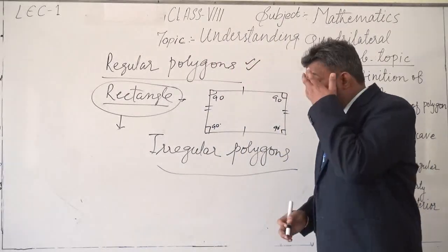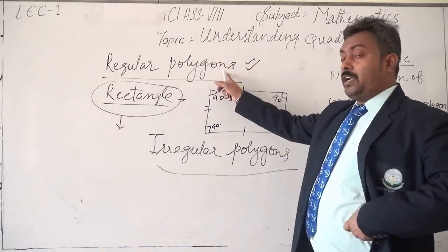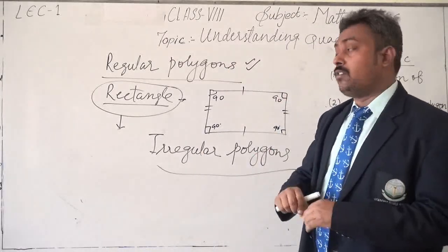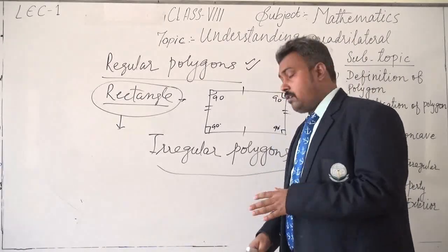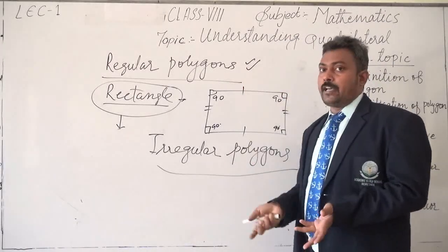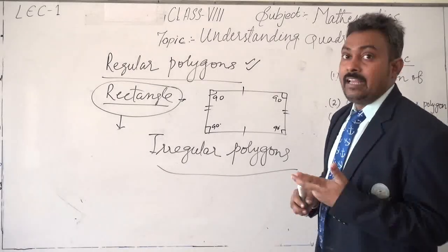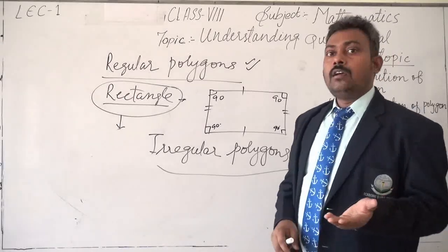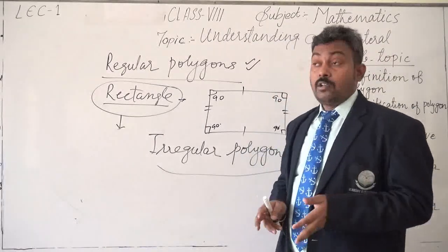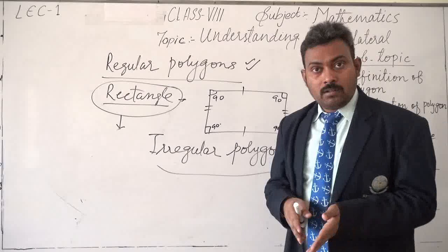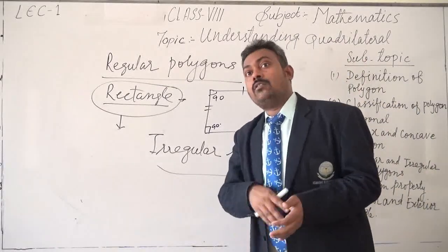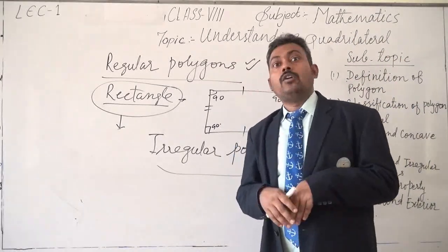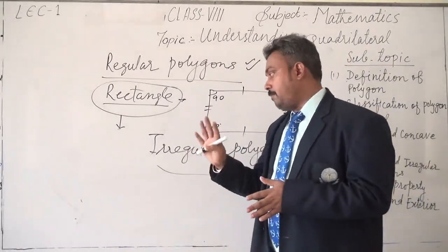So to be a regular polygon, it must have all angles equal and all sides equal. Now you can write more examples of regular polygons, like regular pentagon, regular hexagon, regular heptagon. When we say regular pentagon, it means the measure of all interior angles is the same and the measure of all sides is the same.